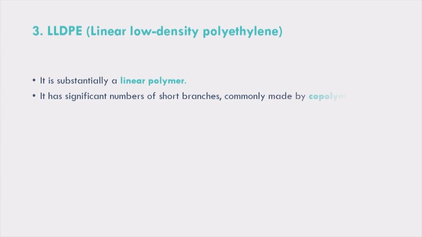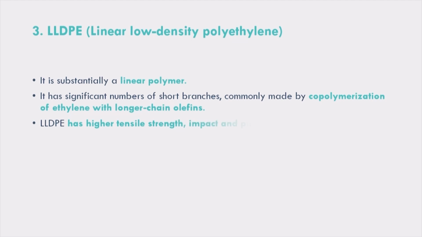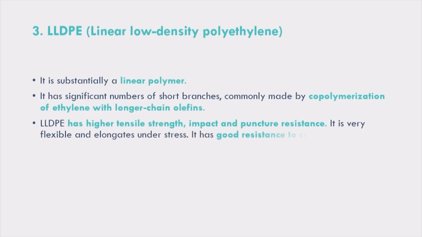LLDPE, linear low density polyethylene. It is substantially a linear polymer. It has significant number of short branches, commonly made by copolymerization of ethylene with longer chain olefins. LLDPE has higher tensile strength, impact and puncture resistance. It is very flexible and elongates under stress. It has good resistance to chemicals.